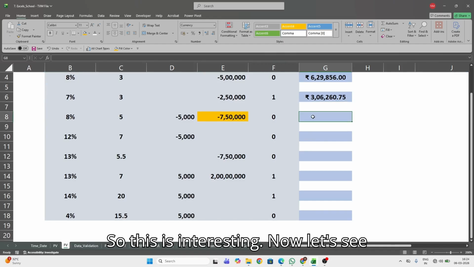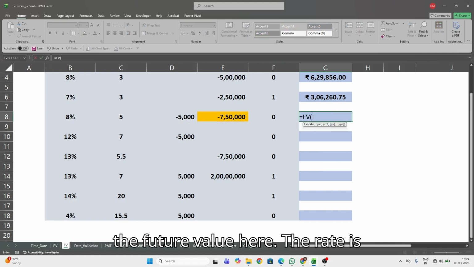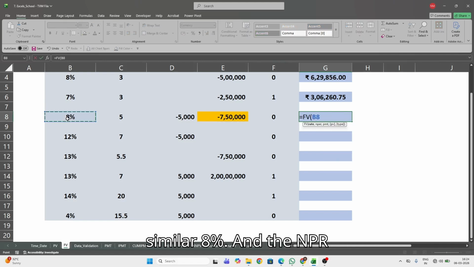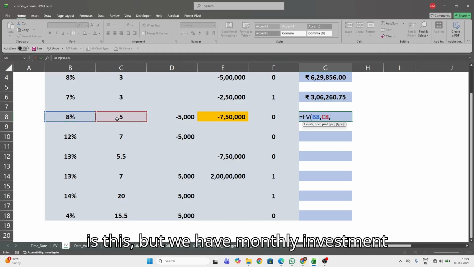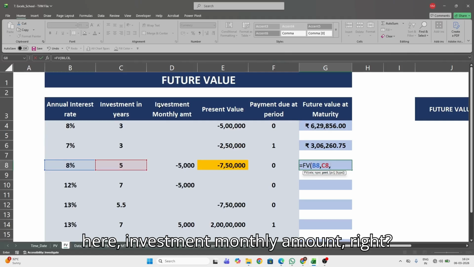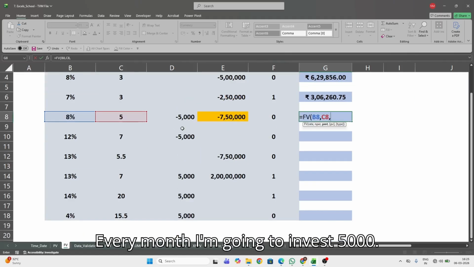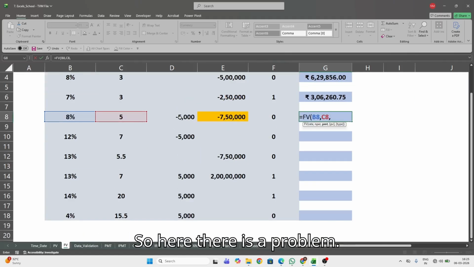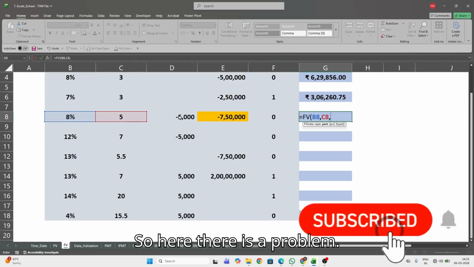So this is interesting. Now let's see the future value here. The rate is similar, 8%, and the NPER is this, but we have a monthly investment here, right? Every month I am going to invest 5,000. So here there is a problem.